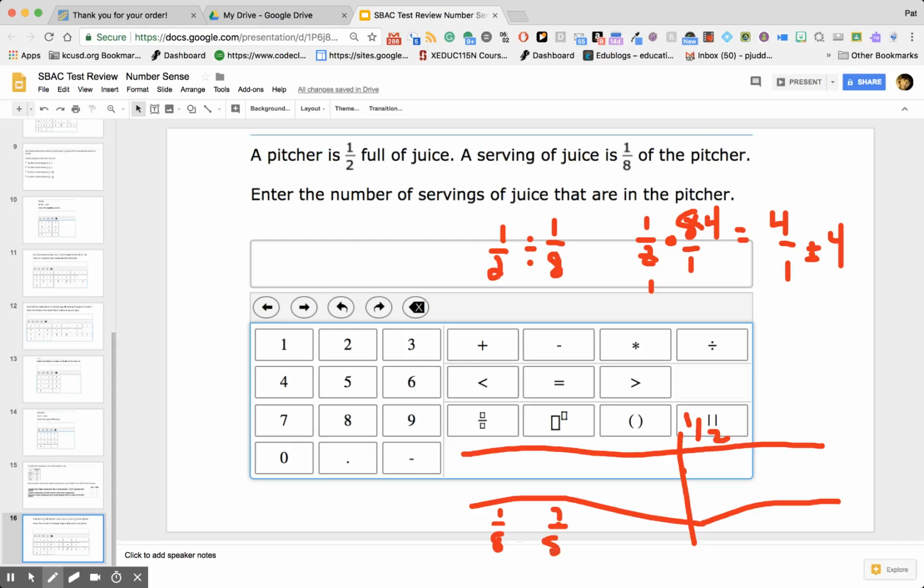There's 2/8. It's 3/8. And there's 4/8. So I have 1, 2, 3, 4, which is the same thing I got when I divided. So the number of servings of juice that are in the pitcher is 4 servings.